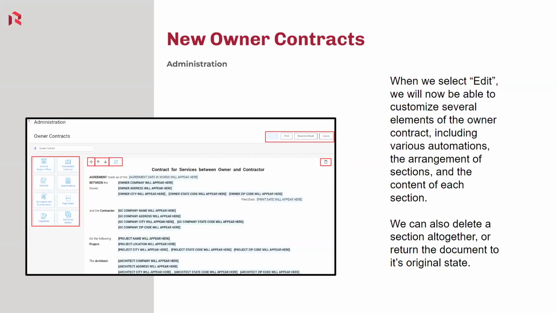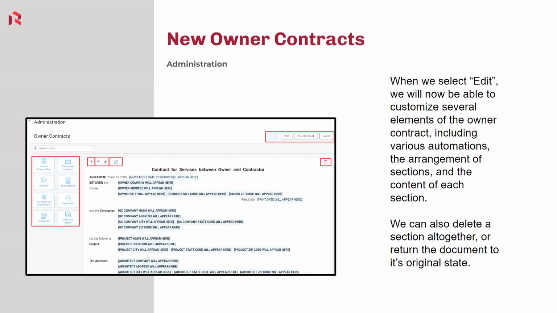Anything in blue is going to be automated. So the system is going to go find that information for you from the information that you've already provided for the project. The agreement date, the very top blue field. Again, all of these fields will auto-populate for you. So that's a little bit less that you have to do.